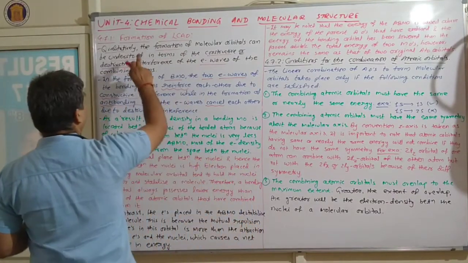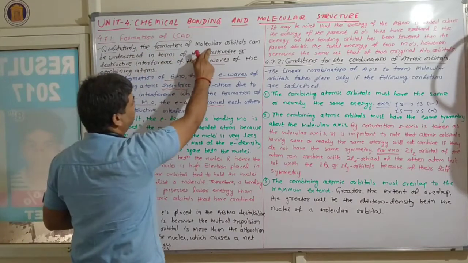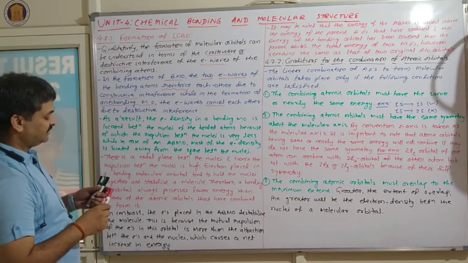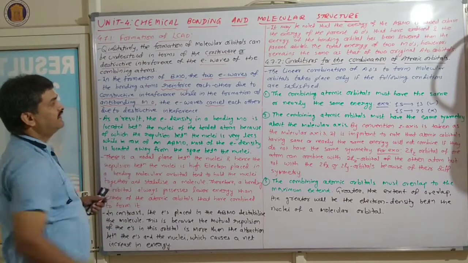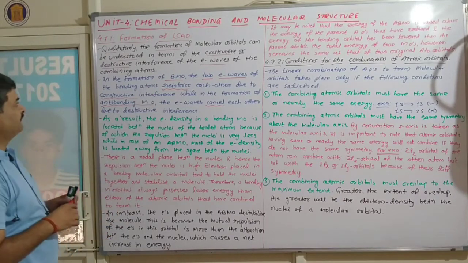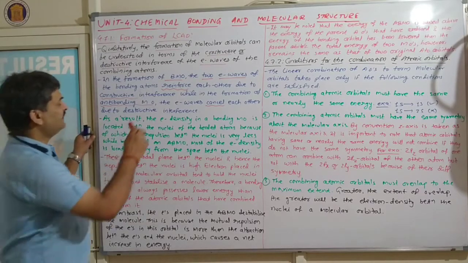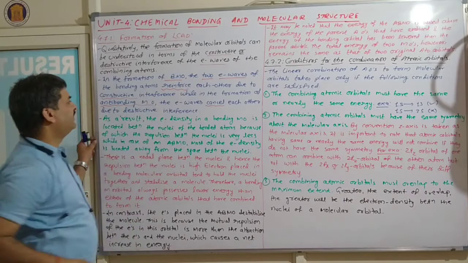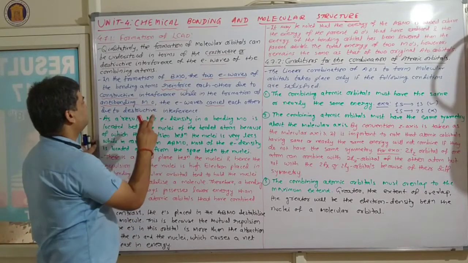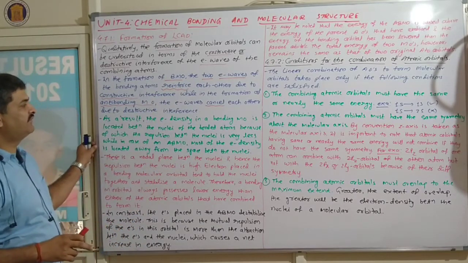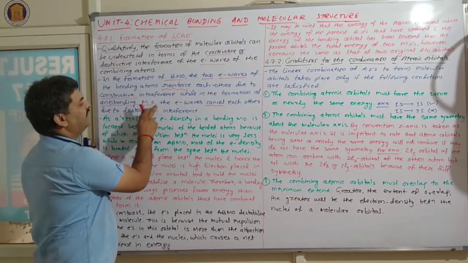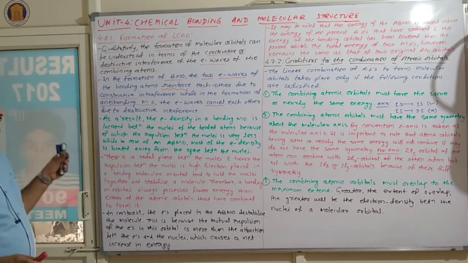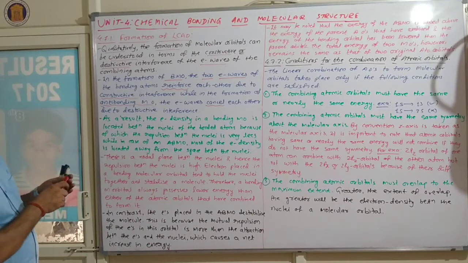So what did I say? Qualitatively, the formation of molecular orbital can be understood in terms of constructive or destructive interference of electron waves of the combining atoms. In the formation of BMO, the ground state, the two electron waves reinforce each other due to constructive interference, while in anti-bonding molecular orbital, electron waves cancel each other due to destructive interference.